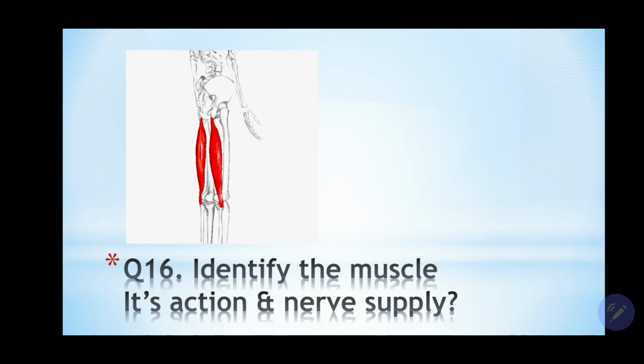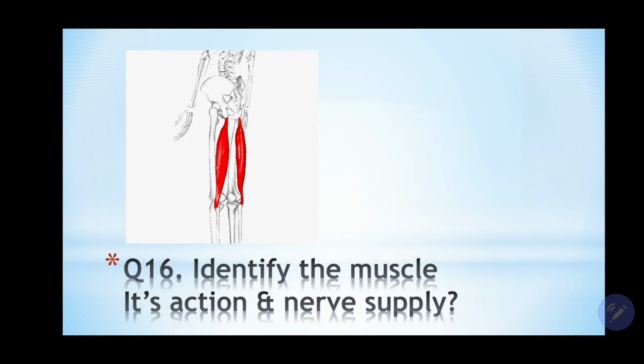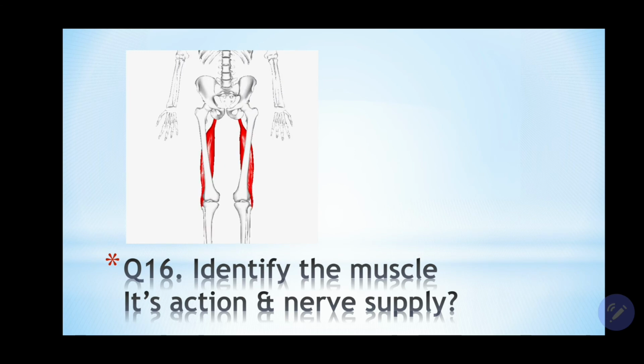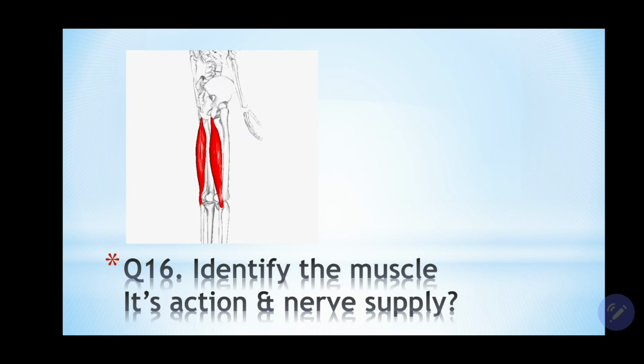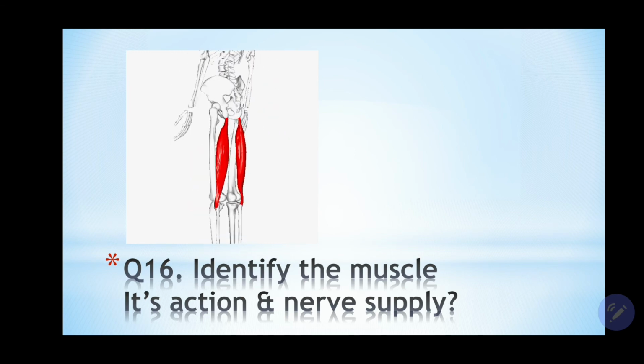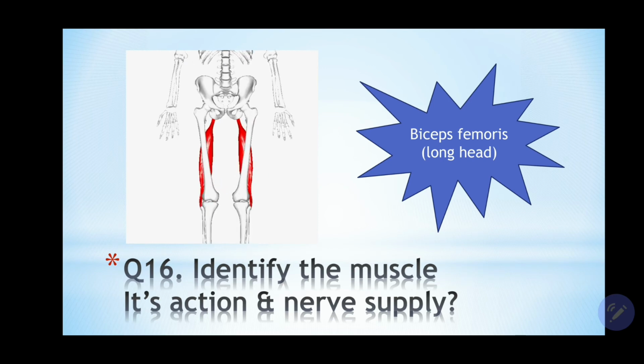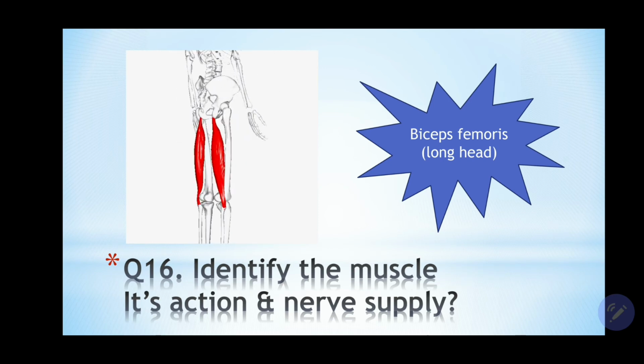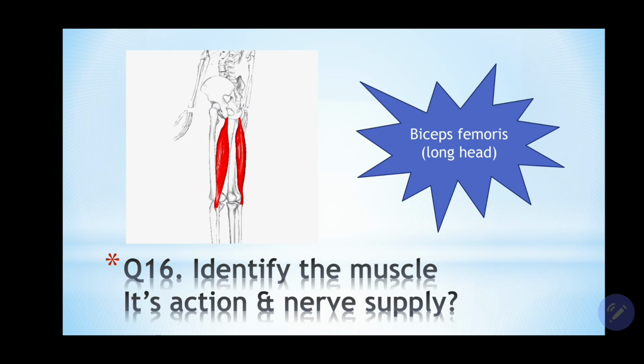So this muscle will be easy because three I have already told you. This one is the fourth muscle. You must have guessed by now that this muscle is biceps femoris long head, because the long head is the one which is hamstring.